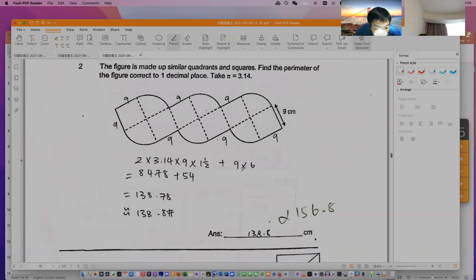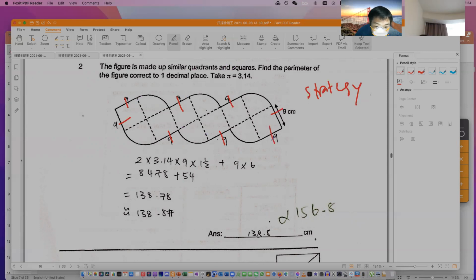This question should be easy, right? Once again, strategy. They want to find out what? Quadrants and squares. So you just count. They want the perimeter. So 1, 2, 3, 4, 5, 6, 7, 8.